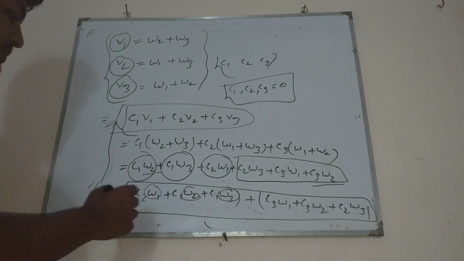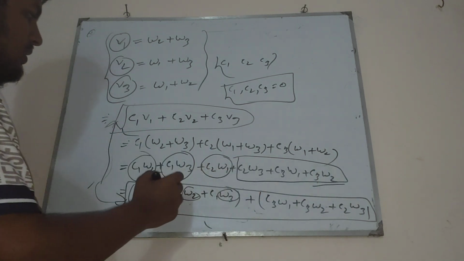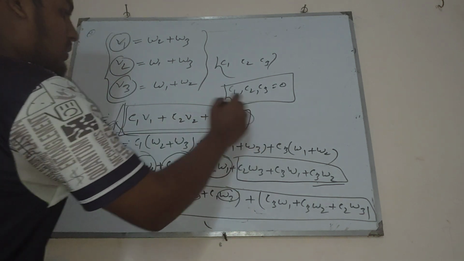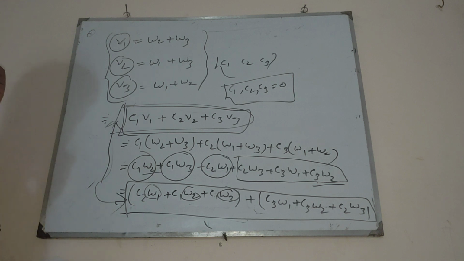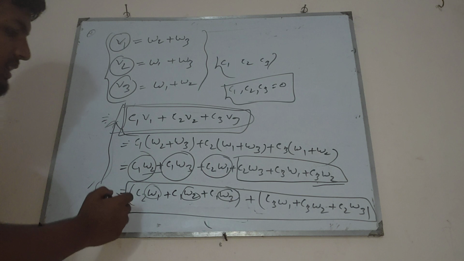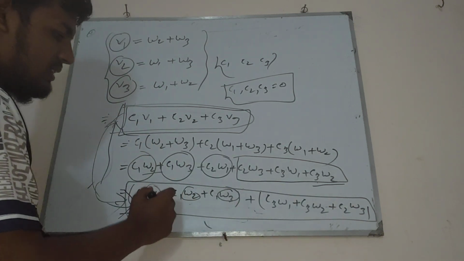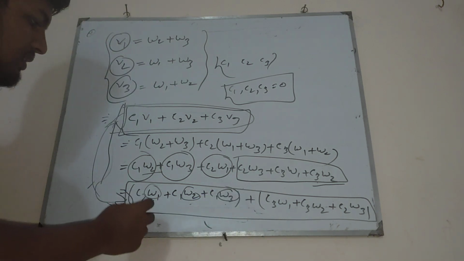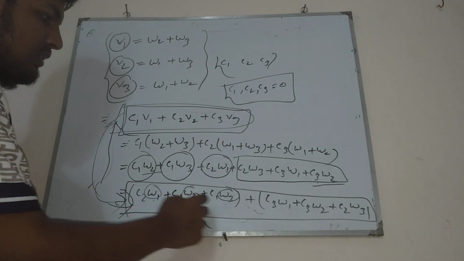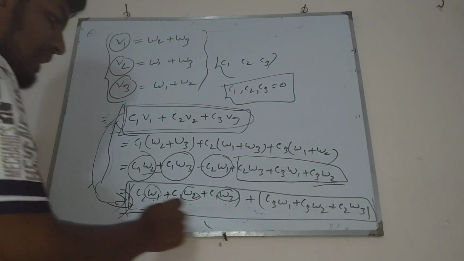Since this is linearly independent, that's why this is also linearly independent. Repeating my speech again: we get this line from this line, and we see that these three vectors are linearly independent. So since these vectors are linearly independent, we will get 0 from this line.